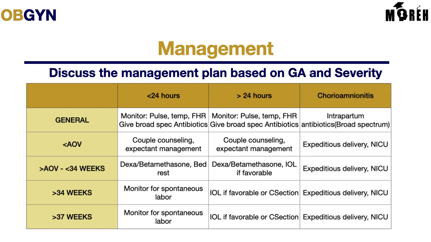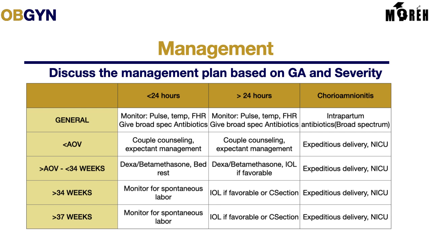Lastly, if there's chorioamnionitis or any of the other complications which can arise as a result of PROM, we want to firstly give intrapartum antibiotics, broad spectrum, amoxicillin or erythromycin. Then we want to expedite the delivery.